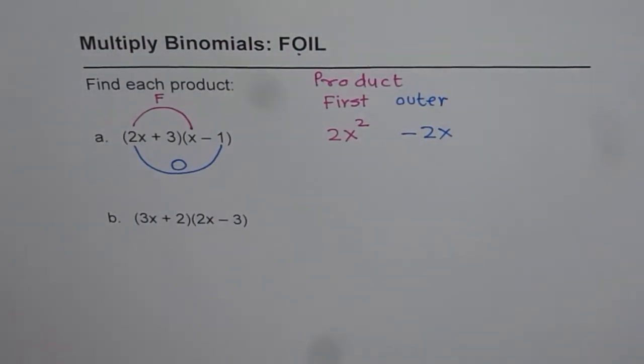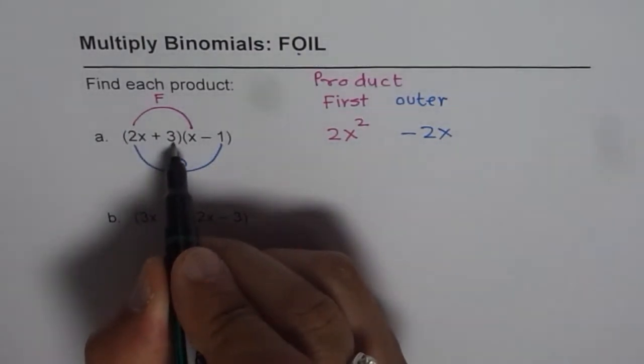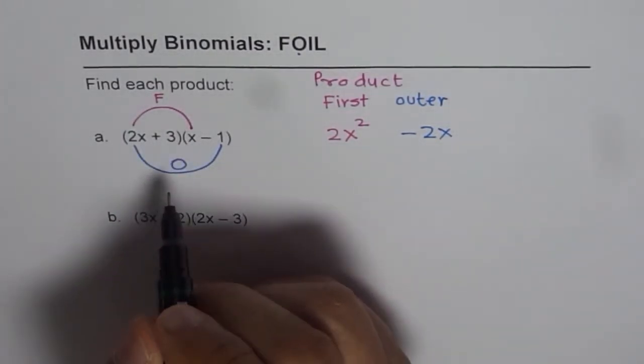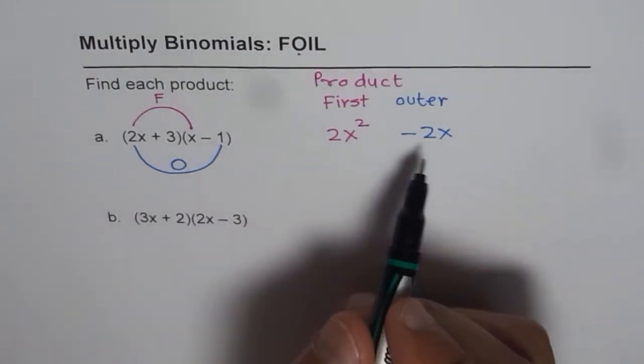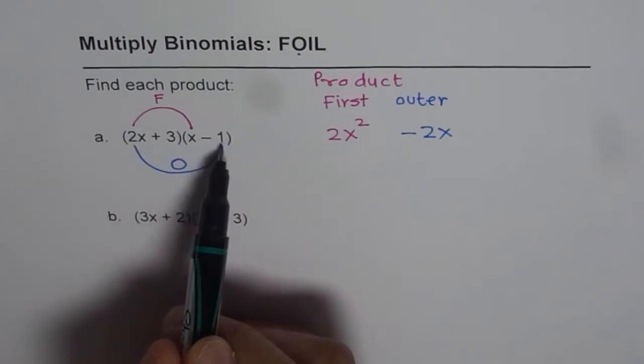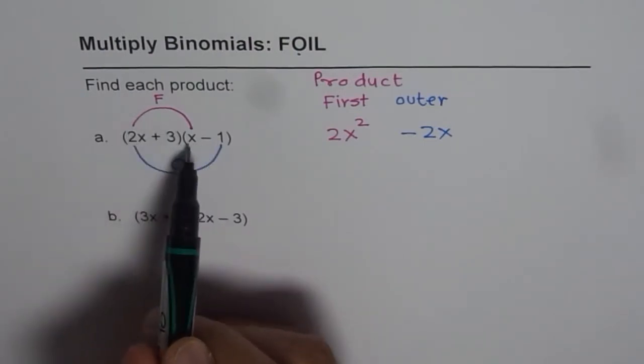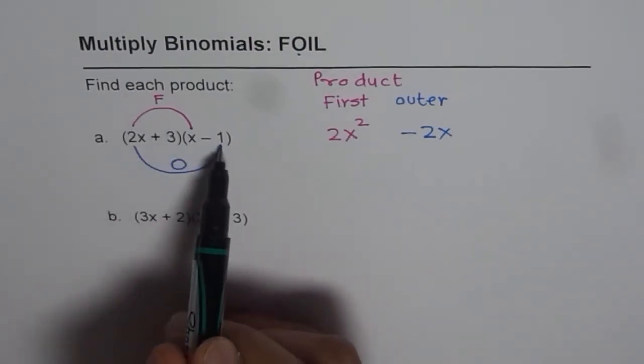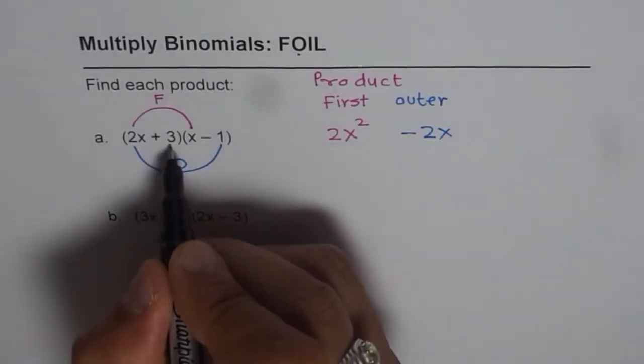And then I is for inside terms. These are the two inside terms. As you can see, in the first step we multiplied 2x with both the terms. Do you see that? 2x times x and 2x times minus 1. Now let's start with 3.